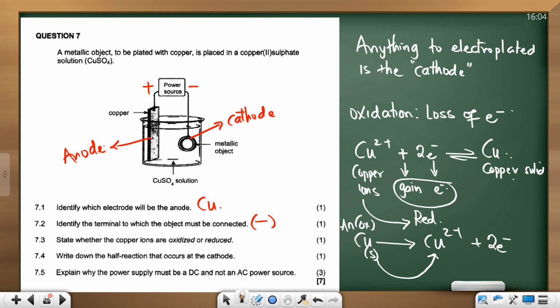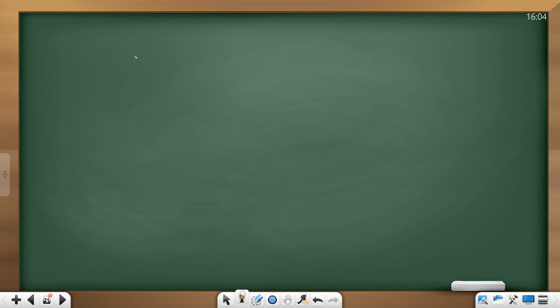Just use your half reactions, guys. Look at the half reaction. I'm going to write the half reaction again. This is what you have. Cu2+ plus 2e. This is the original one. So if it is the anode, what are we going to have?